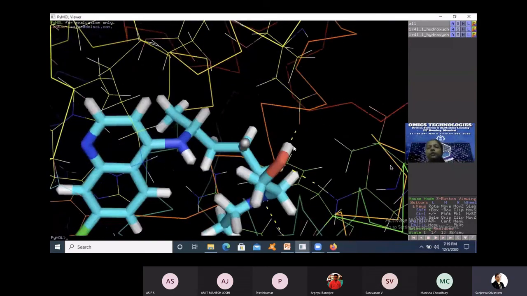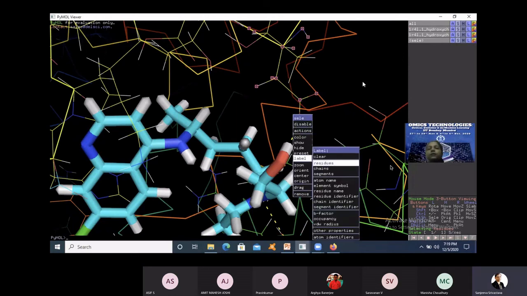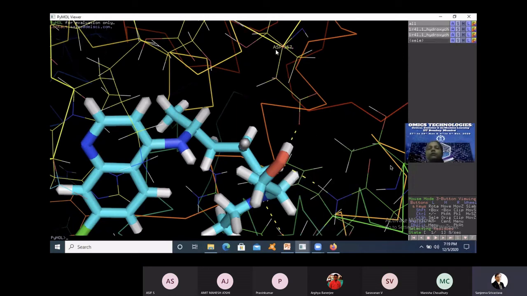Here also, if I want to see what is this particular residue which is showing interaction to hydroxychloroquine, I will just click here, select it, and say label the residue. So I know that it is aspartate 367. I can also move these labels. So now it is clear.